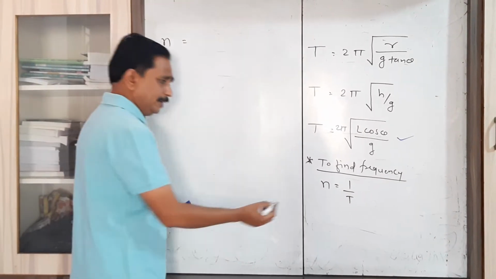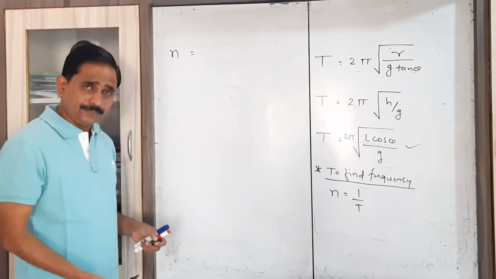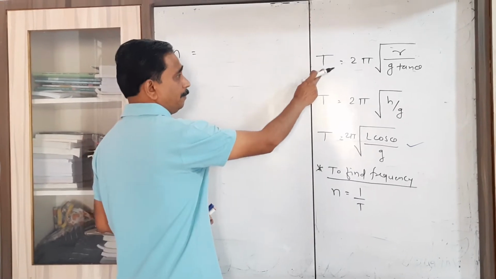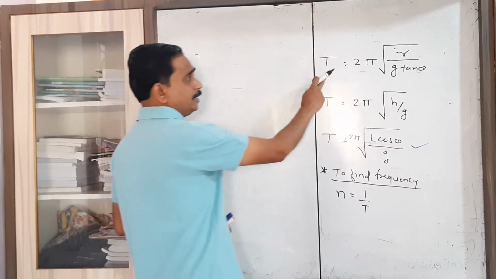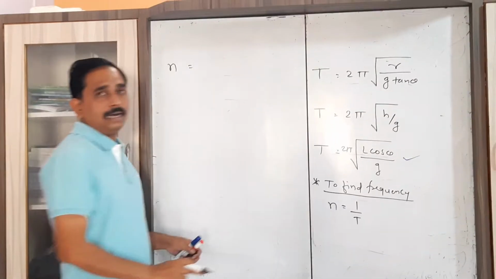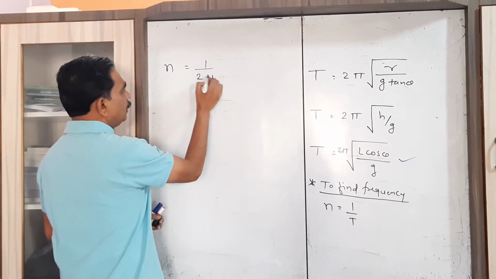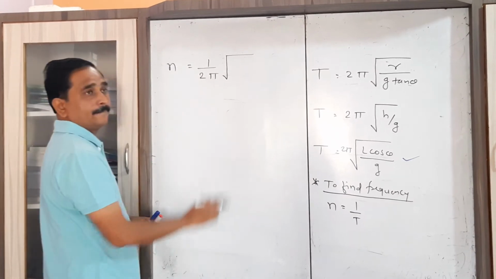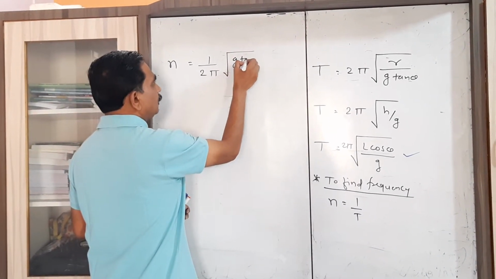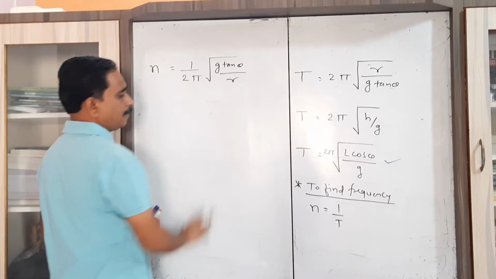Now to find the expression for frequency, if I put the first value of period as T equal to 2 pi under root of r upon g tan theta, then we have n equal to 1 upon 2 pi under root of g tan theta upon r.